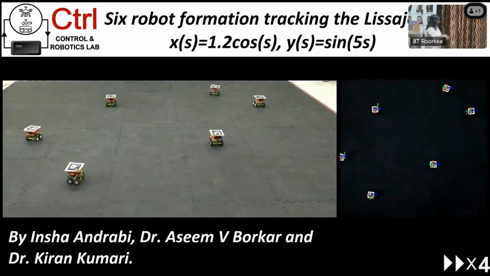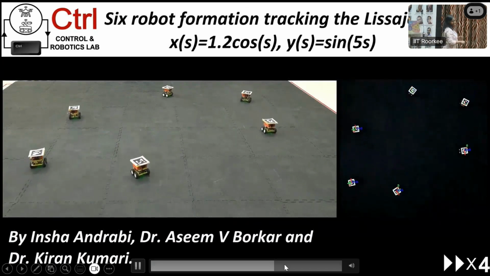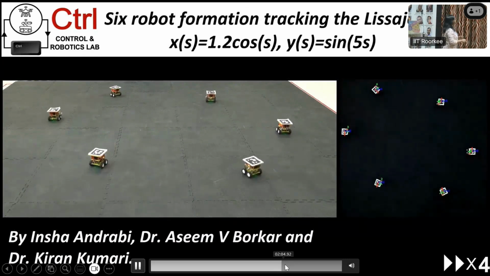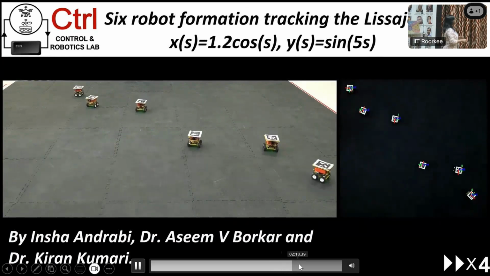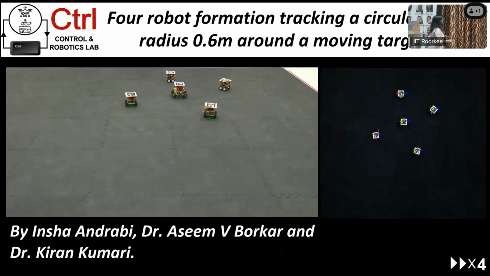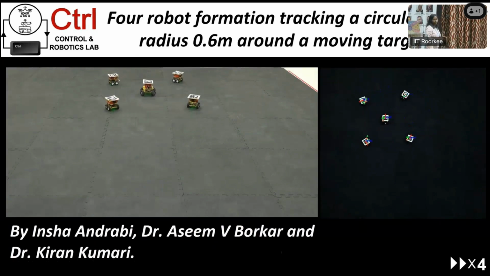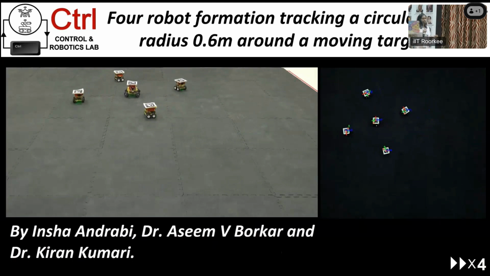In this one, you can see the middle robot is doing circular orbit tracking, and these 4 robots are surrounding it and still moving in that circular way. Here, this is the omnidirectional robot, and these are the 4-wheel differential robots.